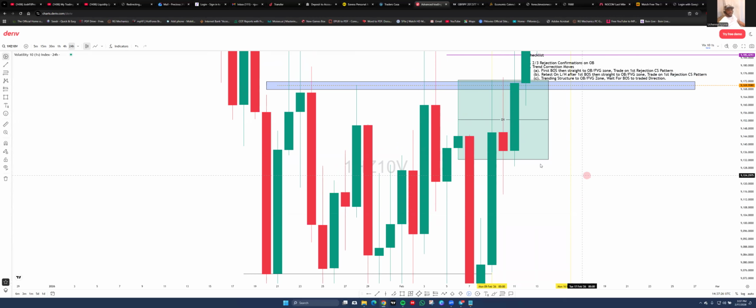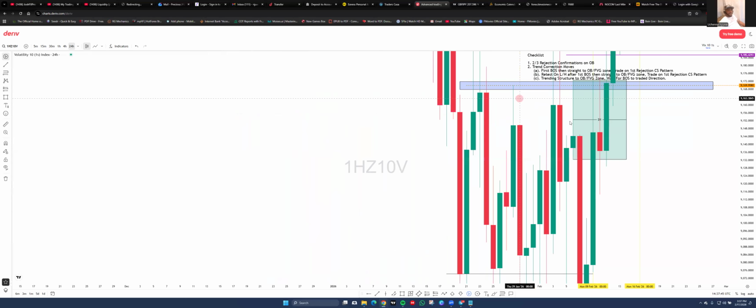This is where the other block is. On Monday, it got close to the area but didn't take it out. But on Tuesday, it took out that area, so it has invalidated our other block. Now, we would not likely be looking for a sell anymore, at least not in this area.